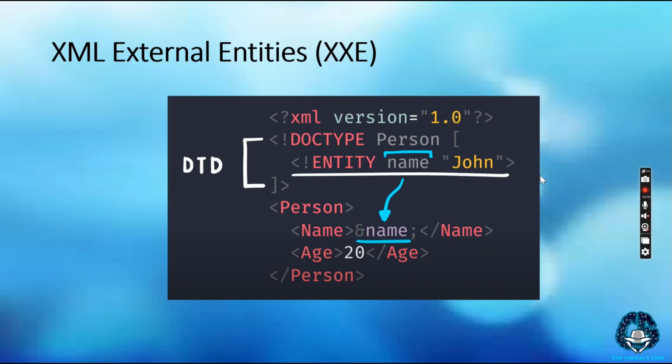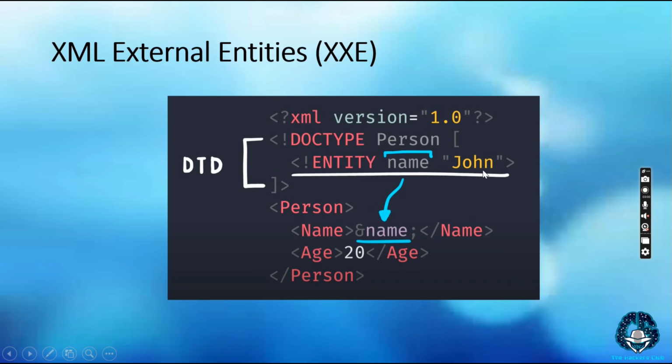Entities are defined inside the DTD, the document type definition. This is the XML format, and this is the same XML document modified to take entities. This is the format for representing an entity.